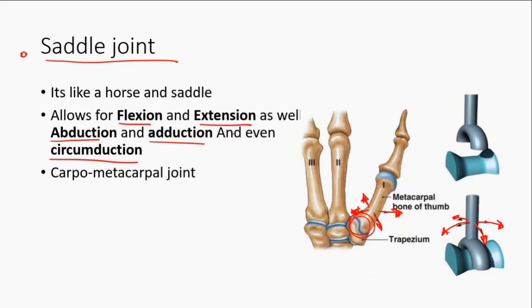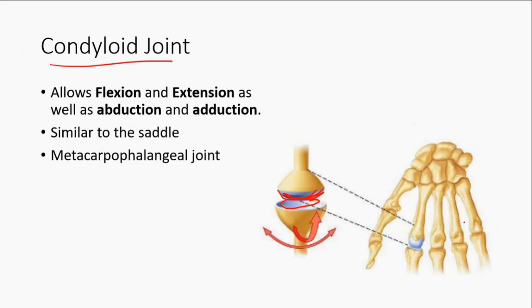Again, its range of movement is similar to the saddle joint in that it's allowed to flex and extend and abduct and adduct. But instead of being located in your carpometacarpal joint, it's located in your metacarpophalangeal joint, so the joints that are in your fingers essentially.